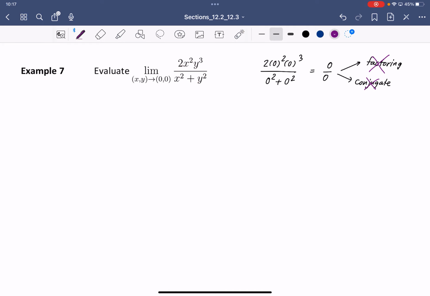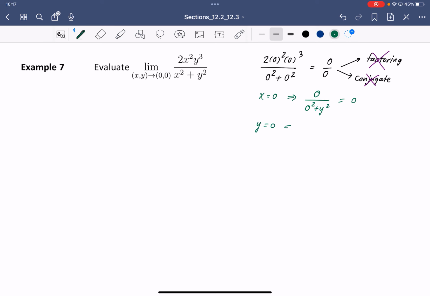For example, if you pick x equals 0, the limit is 0 on the top over 0 squared plus y squared. This limit is actually 0. If you pick y equals 0, it's going to be 0 over x squared plus 0 squared. It is actually 0.